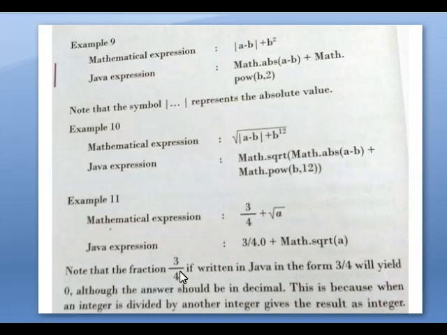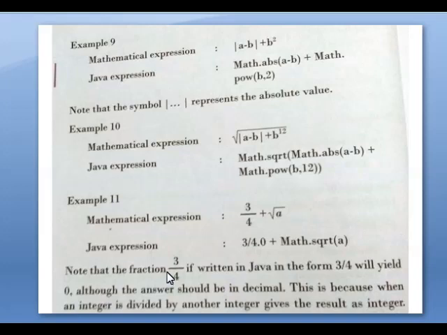Note that the fraction 3 upon 4, if written in Java in the form 3/4, will yield 0. Why do we write it as 3 upon 4.0? Because 3 upon 4 is a division, and for integer division we take the quotient as the answer.